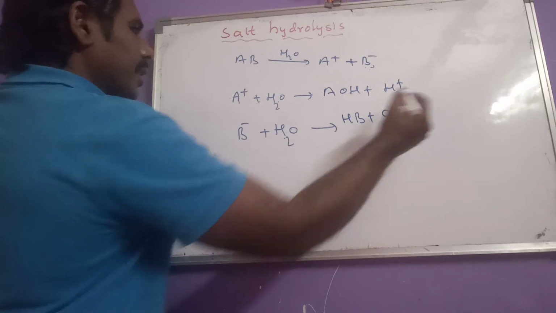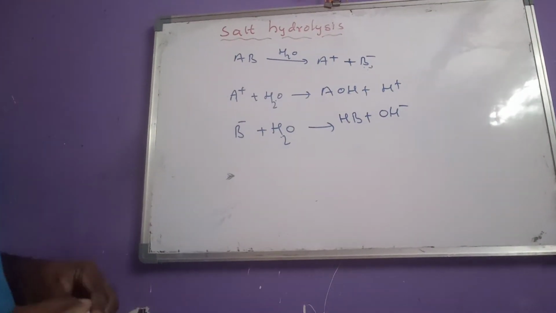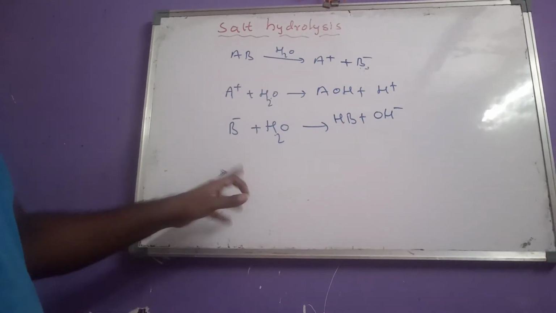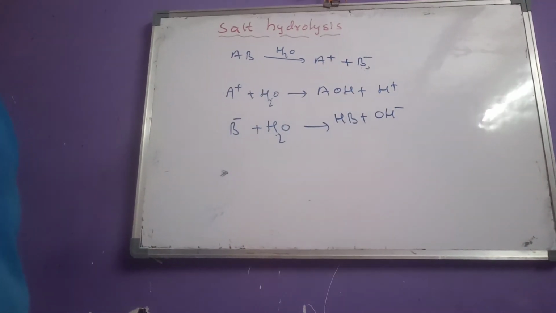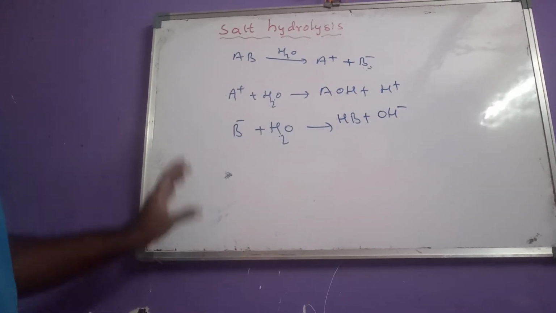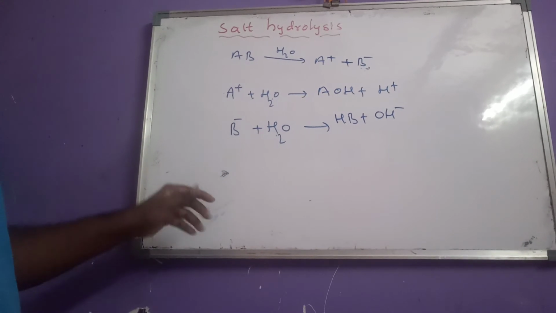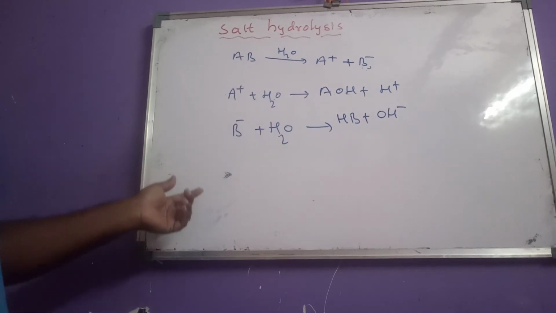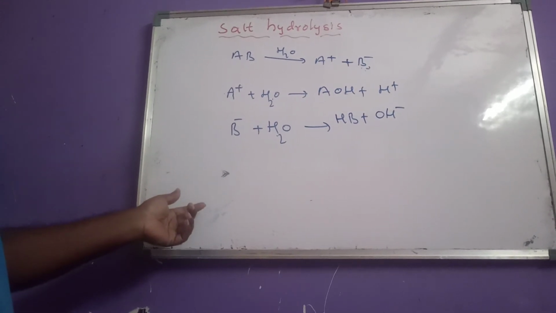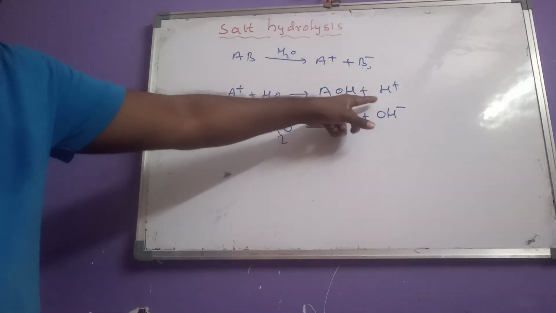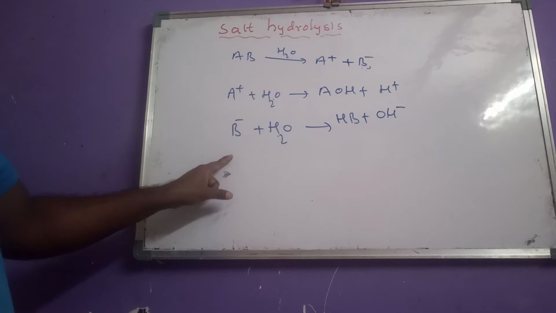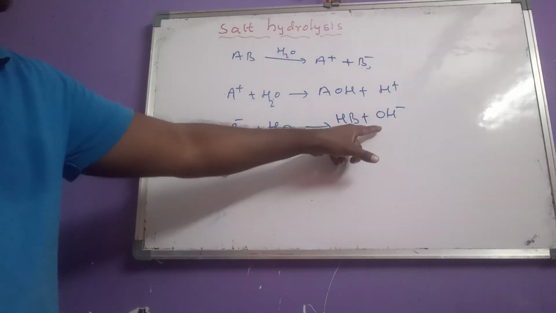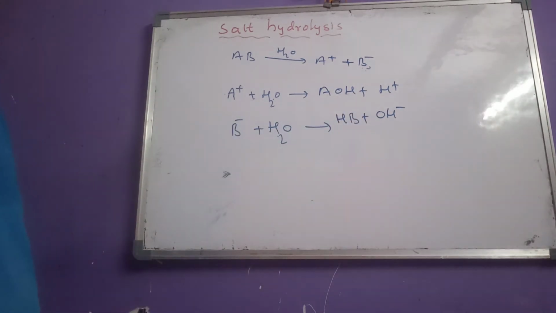OH minus ions. So if the anion reacts with water, OH minus ions are produced. So this indicates that if the cation reacts with water, H plus ions are produced. If the anion reacts with water, OH minus ions are produced.